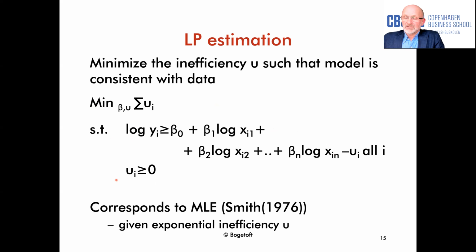And that was one proposal, and then it was actually shown later on that it corresponds to maximum likelihood estimation if we believe that the underlying U terms are exponentially distributed. So if you believe that there is this Cobb-Douglas structure, and if you believe that you have exponential inefficiency, then this here is a good way to model the relationship, the production function.